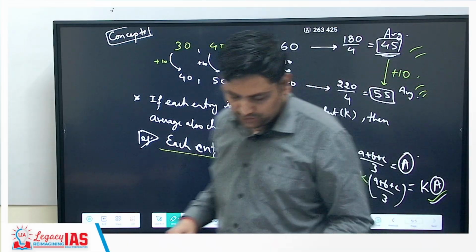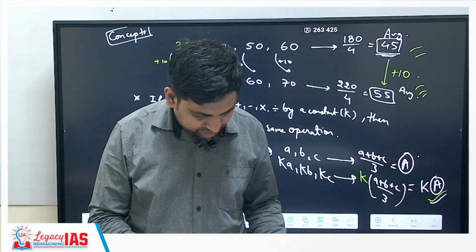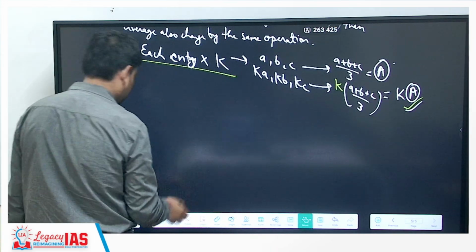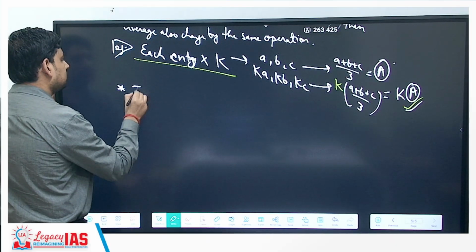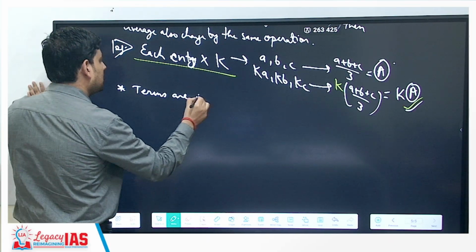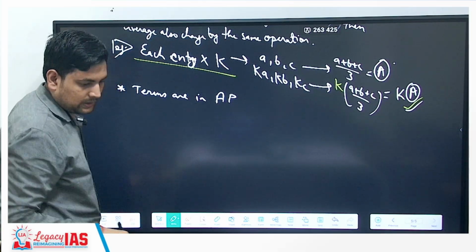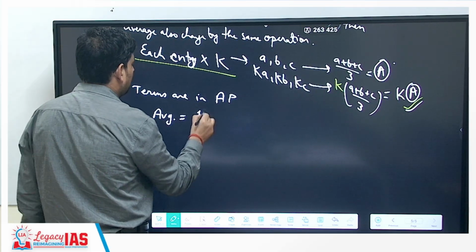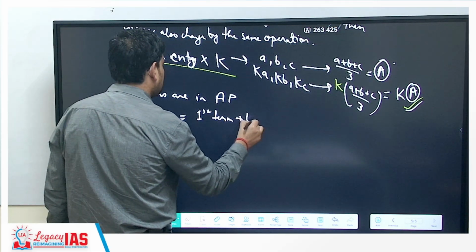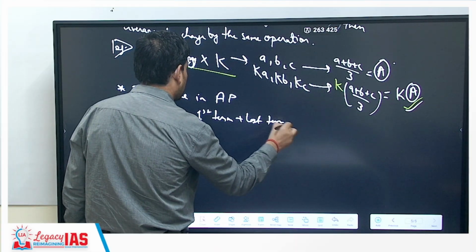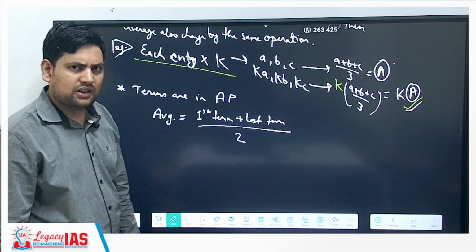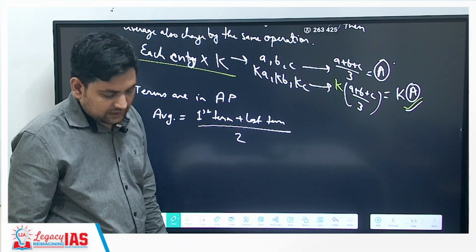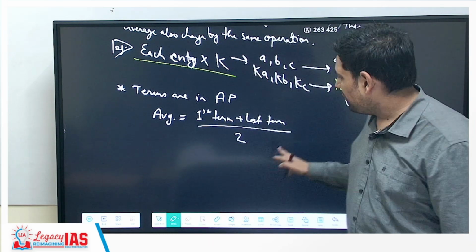So the first note point is this. Then next is, if terms are in arithmetic progression, then the average is given by first term plus last term by 2. Simple. If terms are given in arithmetic progression, first term plus last term by 2 is equal to the average.